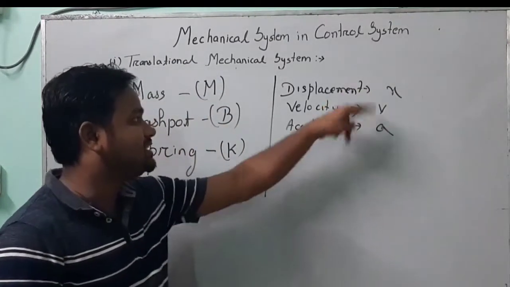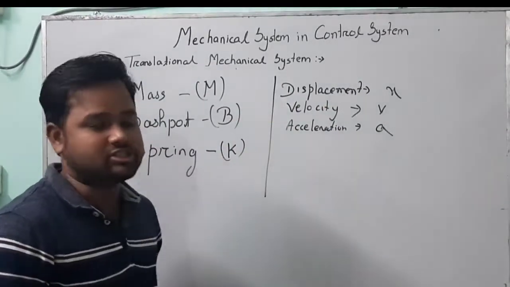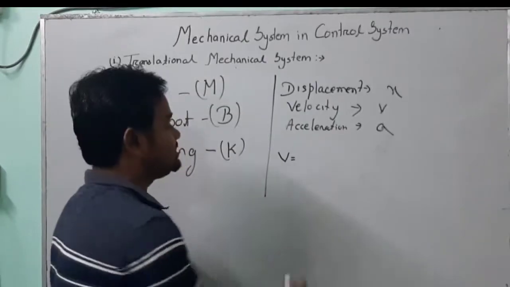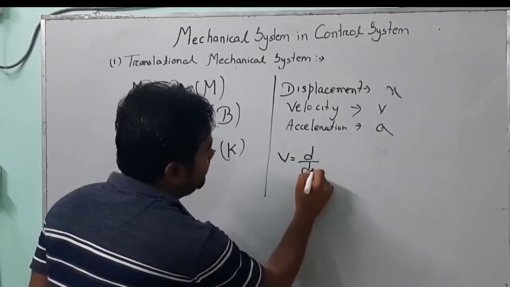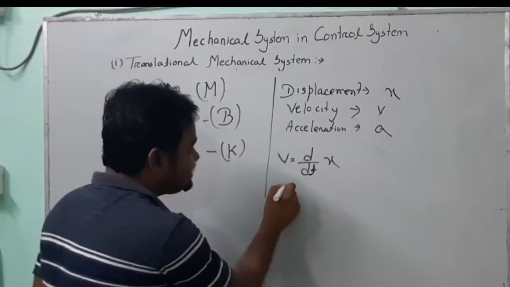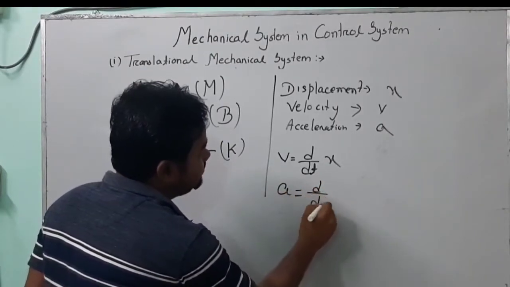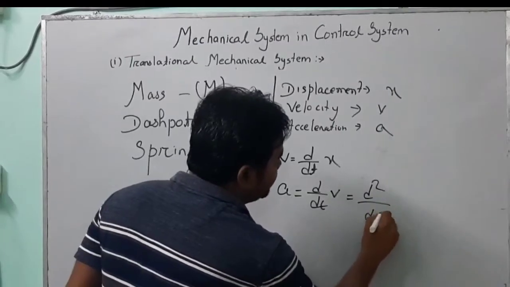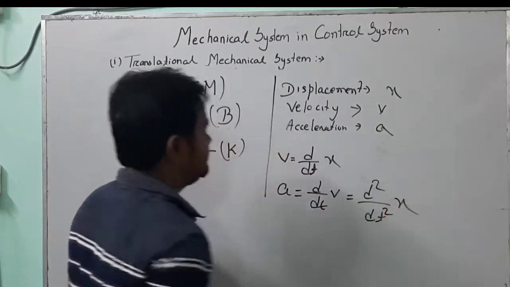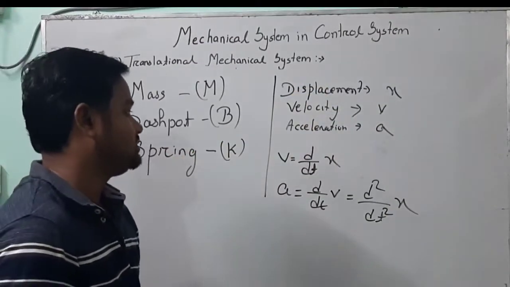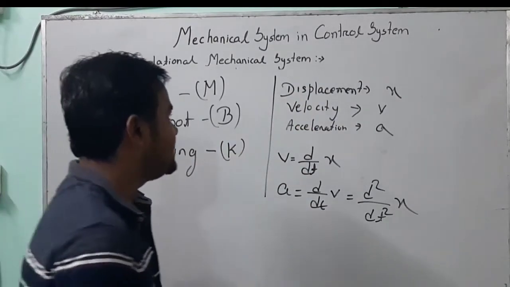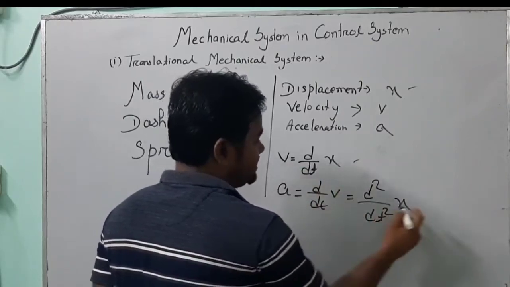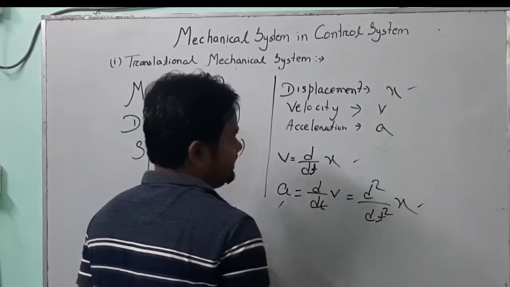We know the relation between them: velocity v is equal to the rate of change of displacement, that means d by dt of x, and acceleration is equal to the rate of change of velocity, which is the second derivative of displacement.